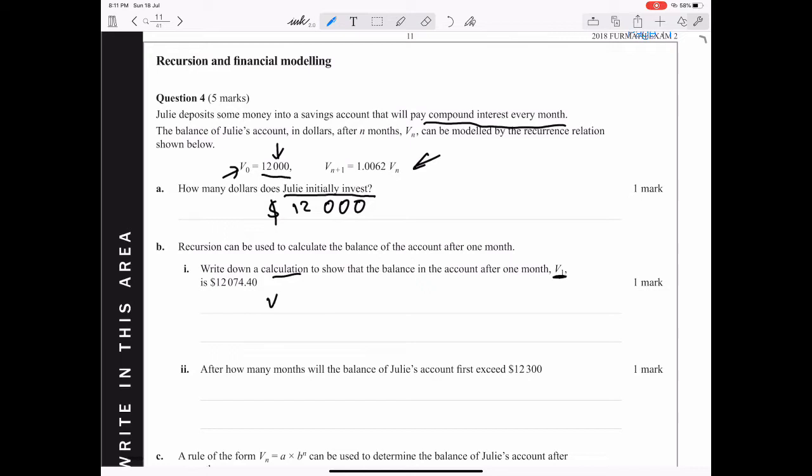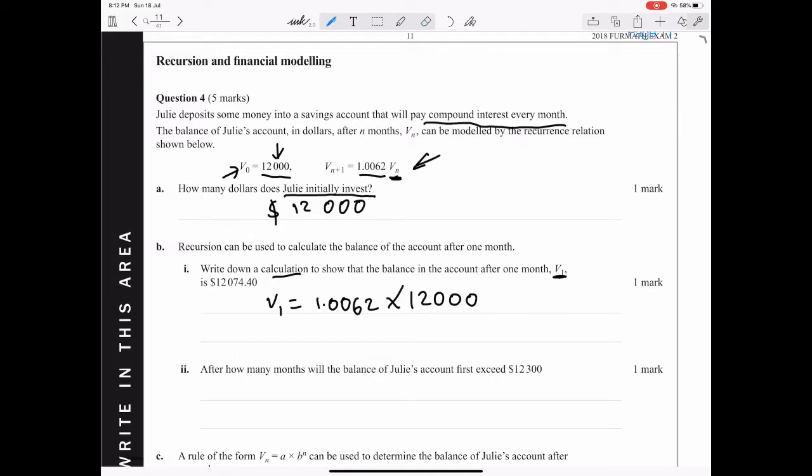So V1, according to the rule, would equal the previous value, which is V0. So 1.0062 according to the equation, times V0, which is the previous value, from V1. So V0 is 12,000 as we have given in the statement. So 12,000.